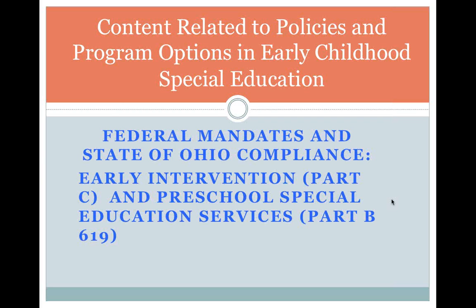The two aspects we're most concerned about, even though the early childhood education program cohort is birth to age 8, are Part C of IDEA, which is birth to 3 services, and Part B, Section 619, which is the services for preschool children with special needs, ages 3 to 5.